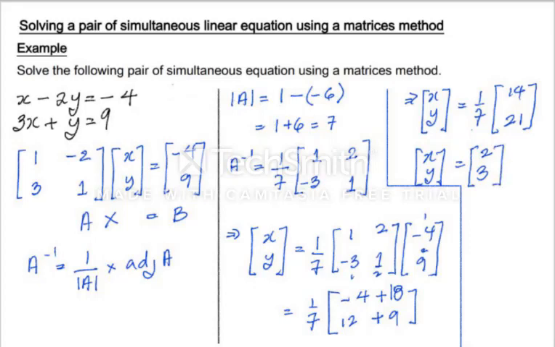So the matrix XY is equal to the matrix 2, 3. Therefore, X is equal to 2 and Y is equal to 3 are the solutions of the simultaneous equations.